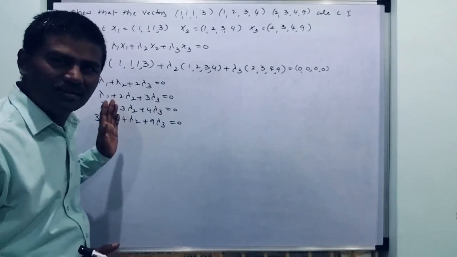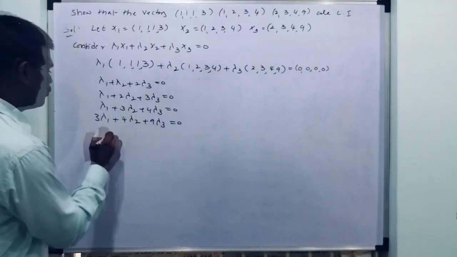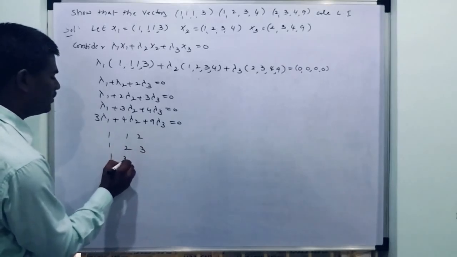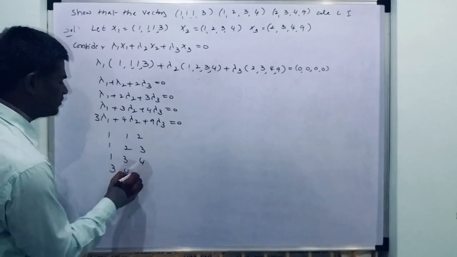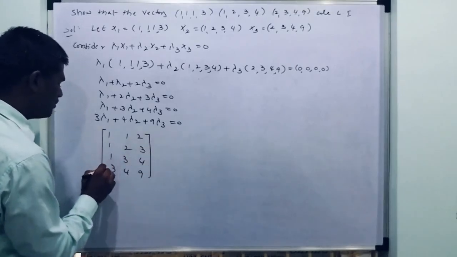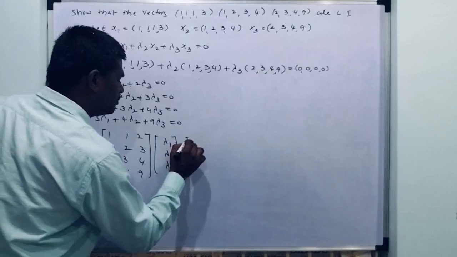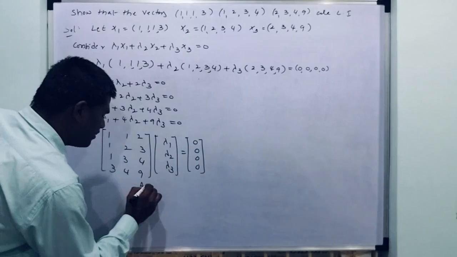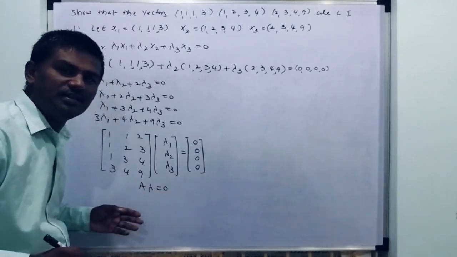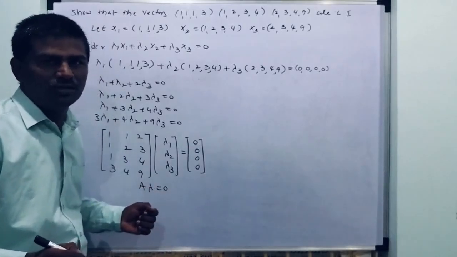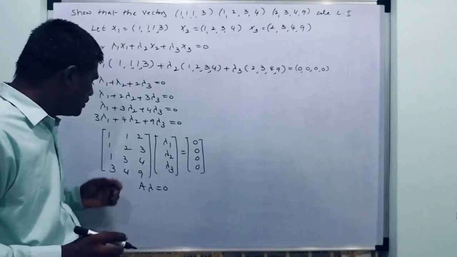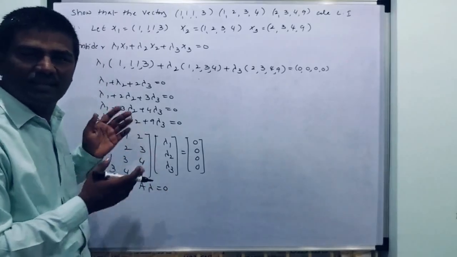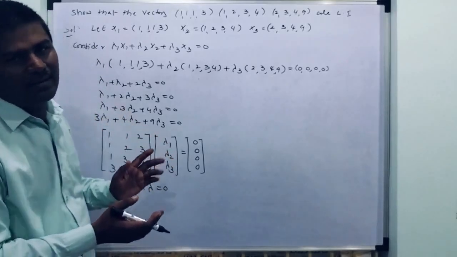You can write the matrix form of this system: the matrix with rows (1, 1, 2), (1, 2, 3), (1, 3, 4), (3, 4, 9) into (lambda 1, lambda 2, lambda 3) equal to (0, 0, 0, 0). This means A lambda is equal to 0, which is a homogeneous system. Now, let us reduce this into echelon form. Then you can easily verify whether the given vectors are linearly dependent or independent.